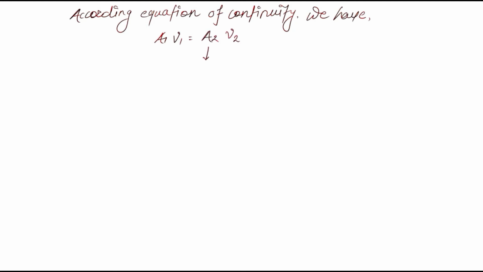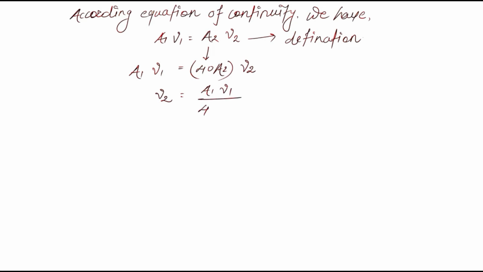But remember, this A2 is now 40 times A2. As per the requirement, we are modifying this equation. So finally we have A1 V1 is equal to 40 times A2 into V2. Now we will take V2 on the LHS and all these quantities on the RHS and substitute those values.